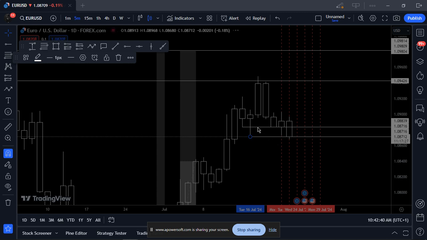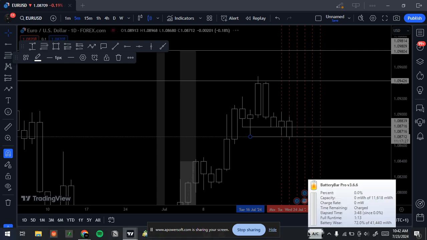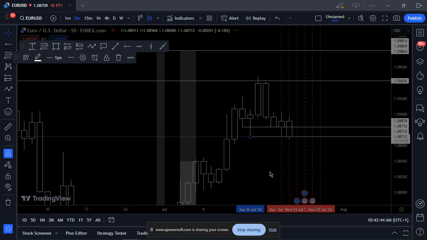Sorry, network is delaying. This is where your market is currently. I don't know why the network is delaying all of a sudden.